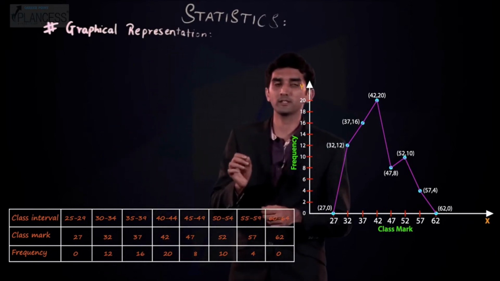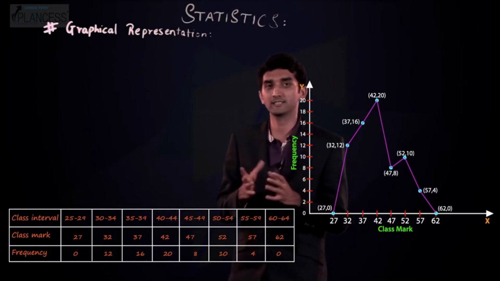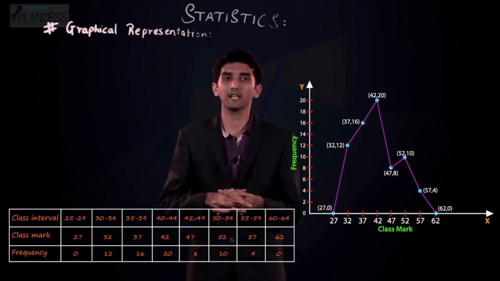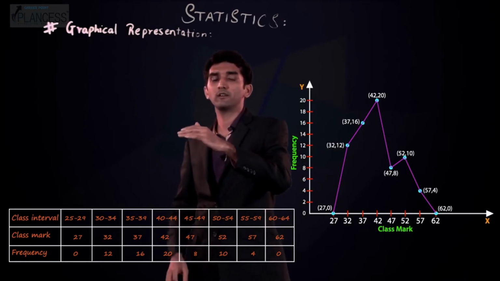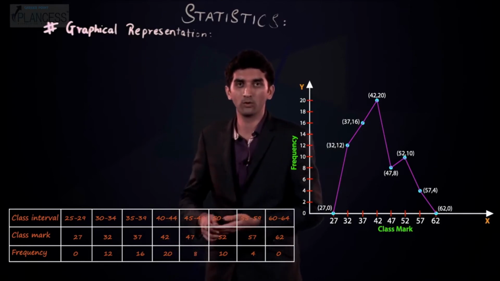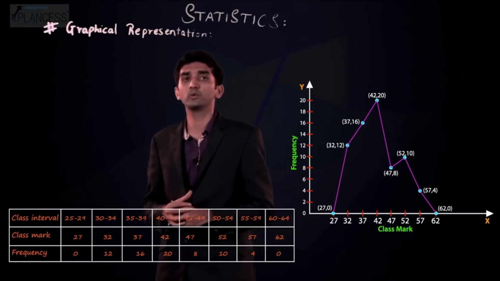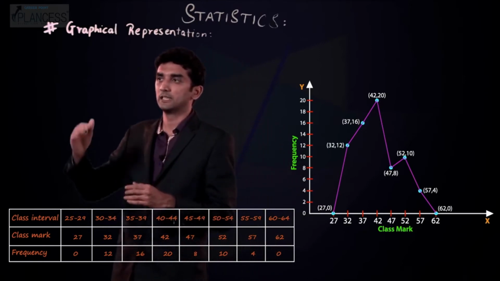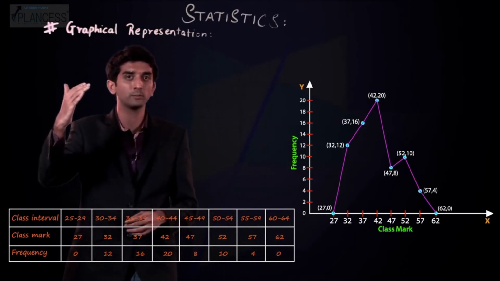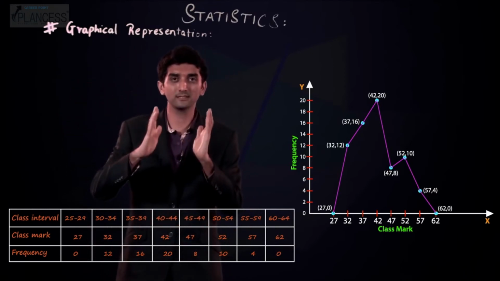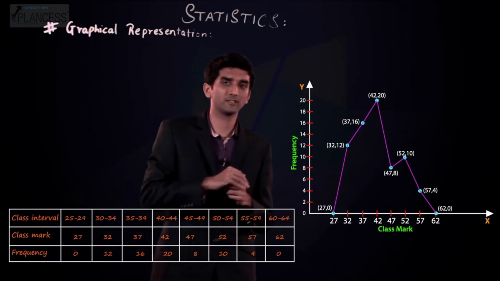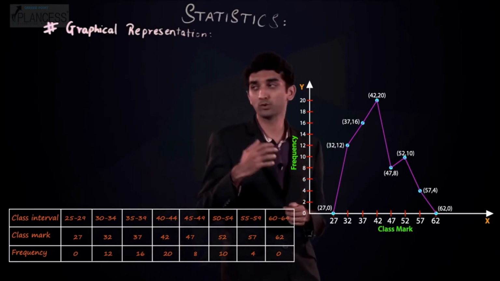There is one more important thing that we are missing, which I didn't discuss, and that is called imaginary classes. Since we don't have a class with frequency 0 on either end, what we do is add imaginary classes. So before 0 to 10, there is going to be a class minus 10 to 0, which doesn't sound natural because no negative marks are going to be scored here.